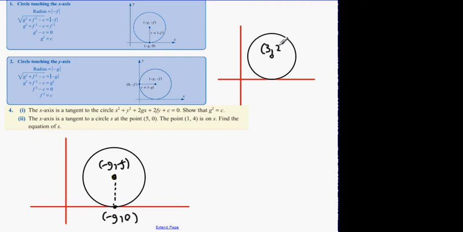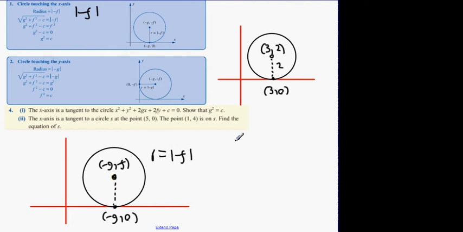If you drop that down, directly underneath that is 3, and that makes the radius 2. Length can't be negative, so that explains the modulus sign. It's the modulus value of minus f. So that's why the radius is the modulus value of minus f. Is everybody happy with that?